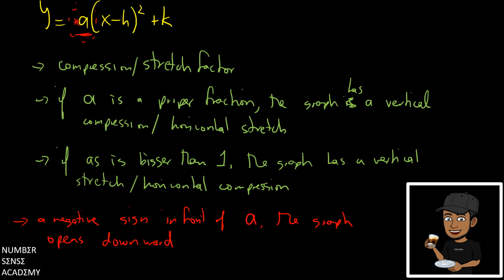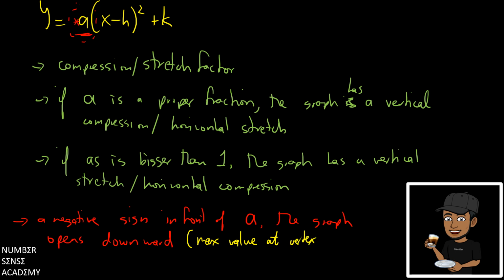Okay, so the arms are facing downward. And what does that mean? That means there is a max value at the vertex.